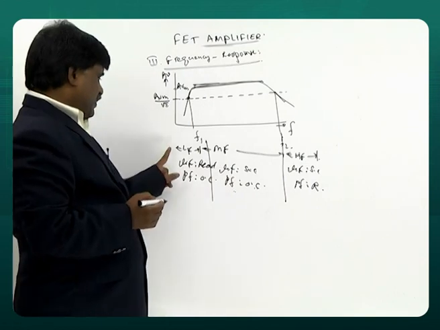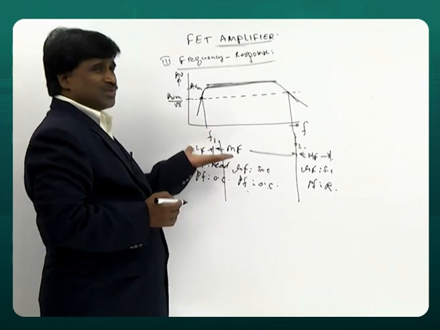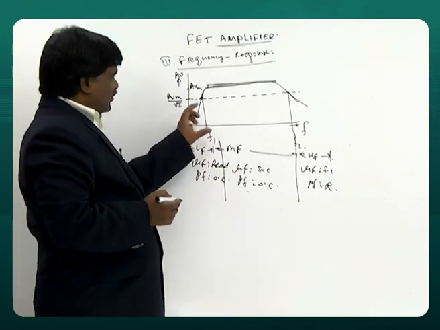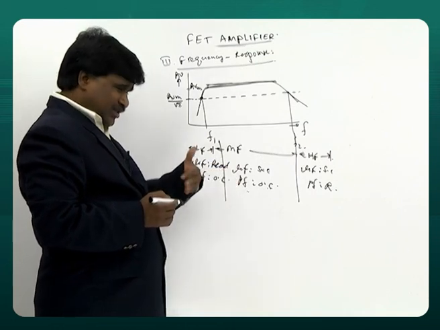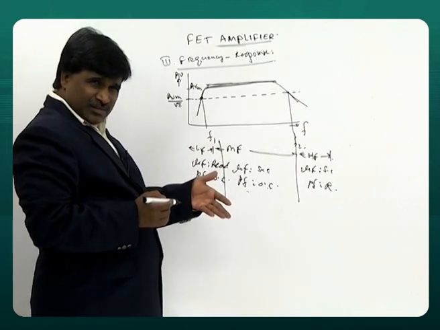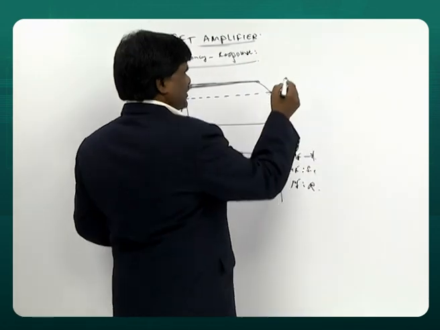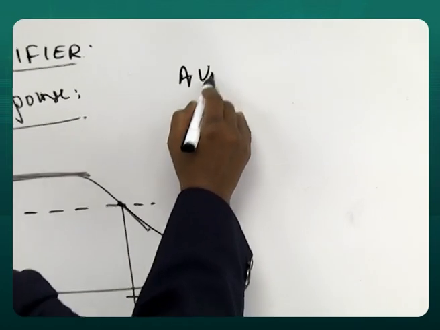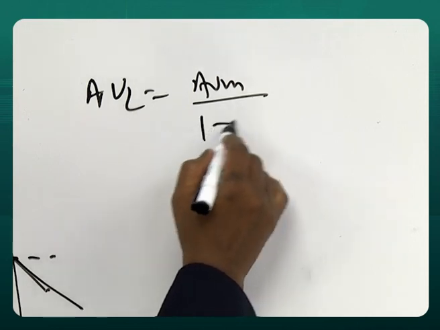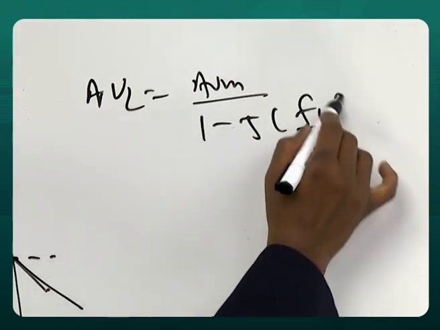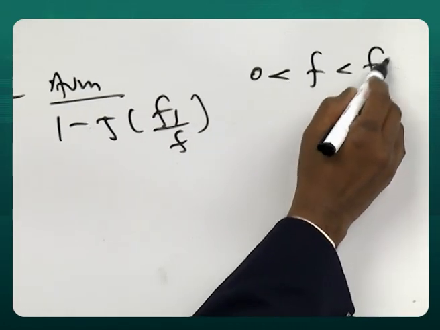I told you what it means by micro, what it means by pico. This is how the response is going to be, but I need to tell you how this curve is becoming mathematical. How do I support this mathematically? For example, AVL is equal to AVM by 1 minus j F1 by F. This is between 0 to F1.